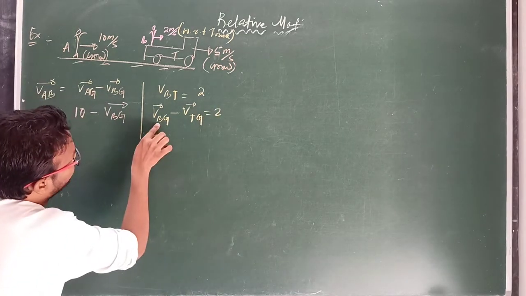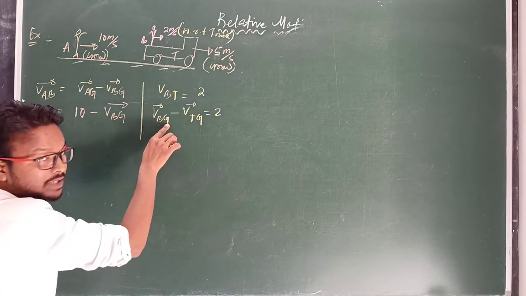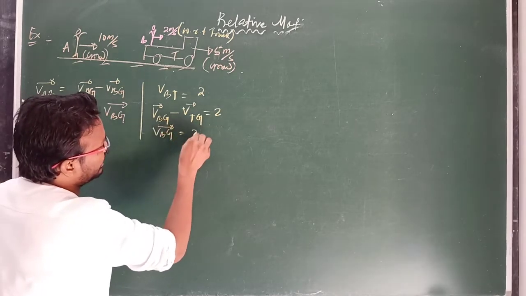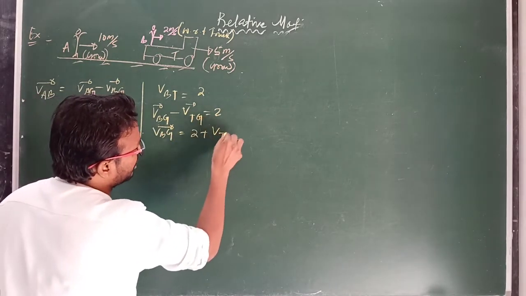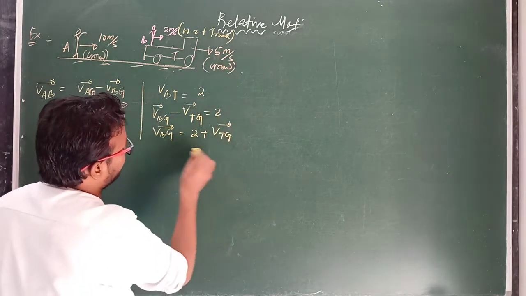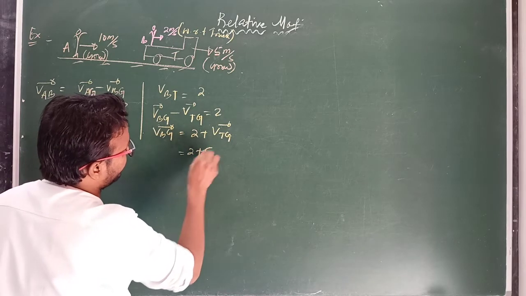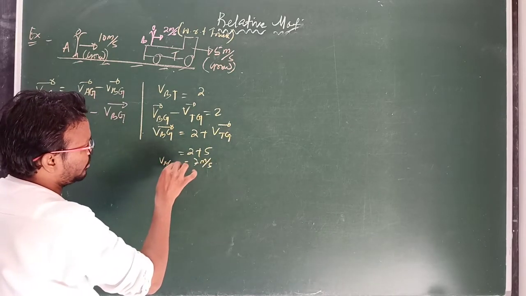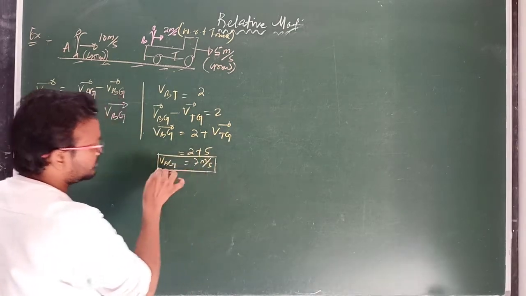But we need velocity of body B with respect to ground. So velocity of body B with respect to ground equals 2 plus velocity of truck with respect to ground, and it is given velocity of truck with respect to ground 5 meter per second, then 2 plus 5, that is 7 meter per second velocity of B with respect to ground, clear?